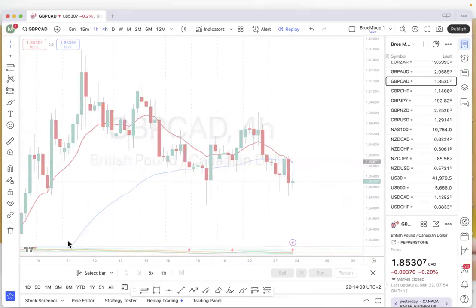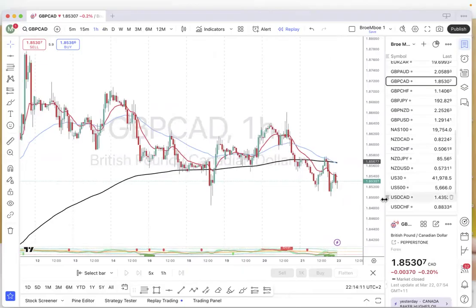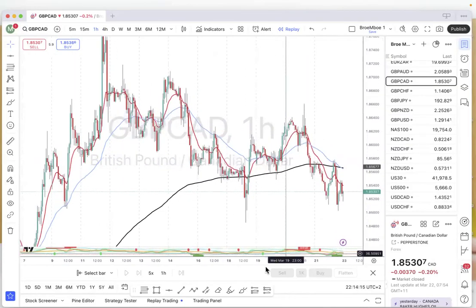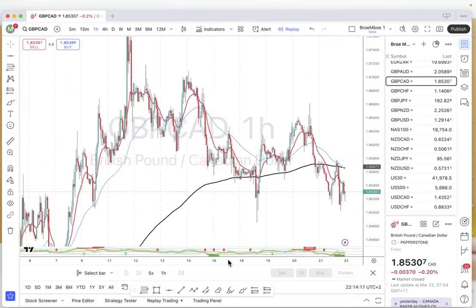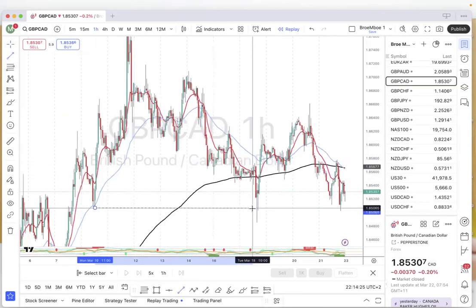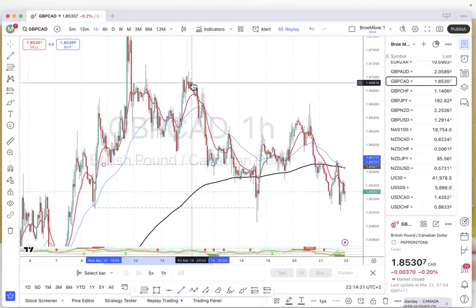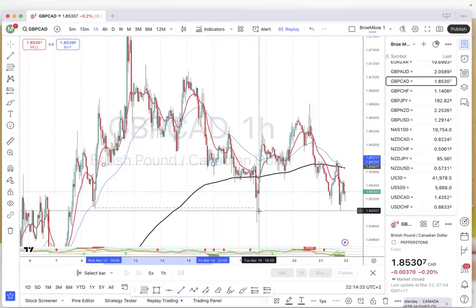But if you look at it from the 1 hour time frame now, this is where it gets a little bit interesting. So we have broken a confirmed low. I was hoping someone would ask this question. So we've broken a confirmed low, right? We've broken another confirmed low as a result of the move to the downside.